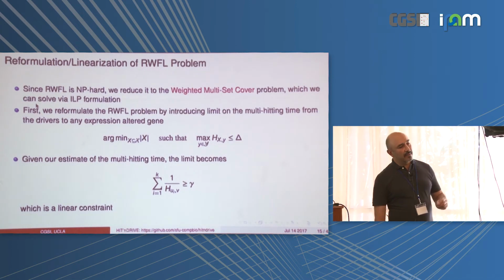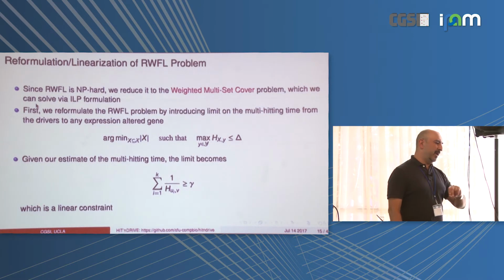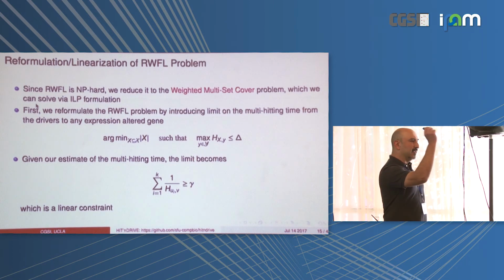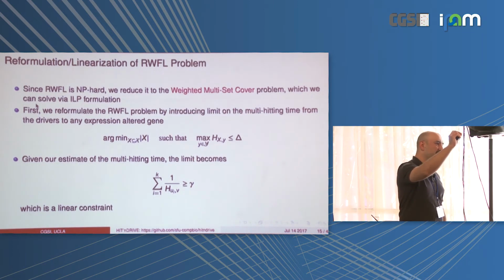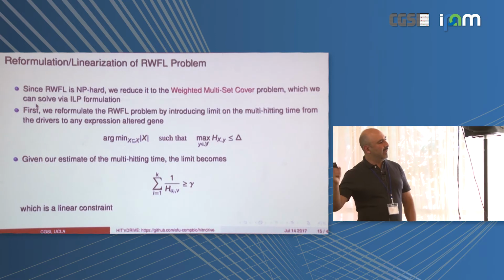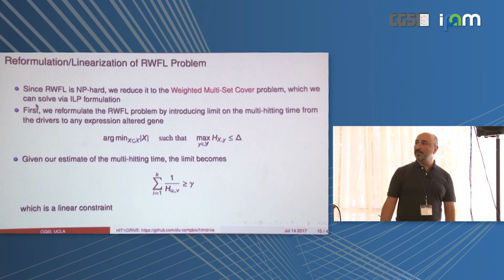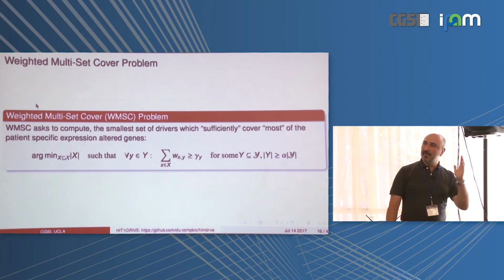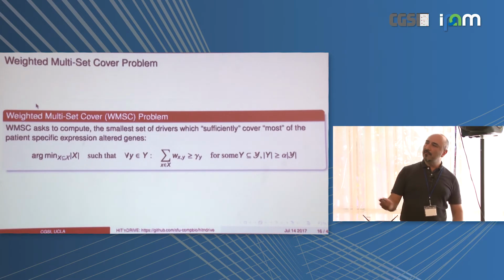I'd like to cover as many expression-altered genes as possible with the minimum number of these drivers. They form sets. The sets are labeled with potential drivers. Each potential driver is a set label. And I'd like to cover as many genes as possible. So this is the set cover version of the problem.